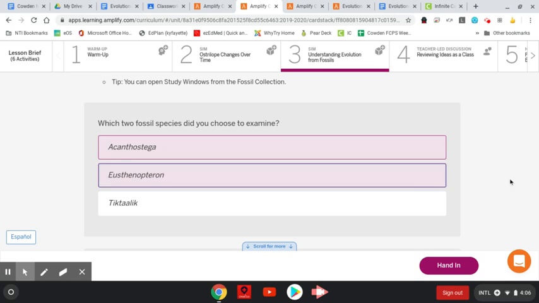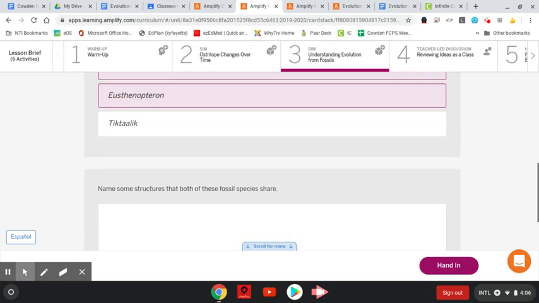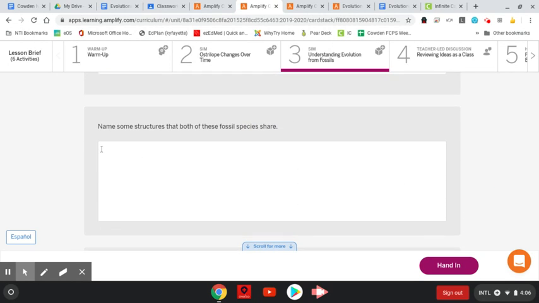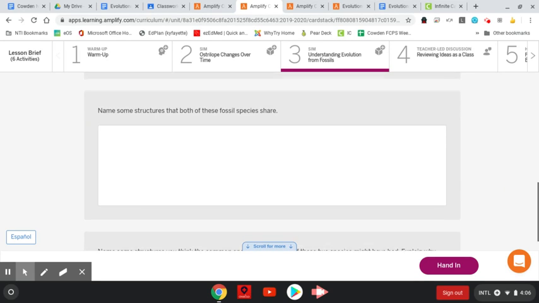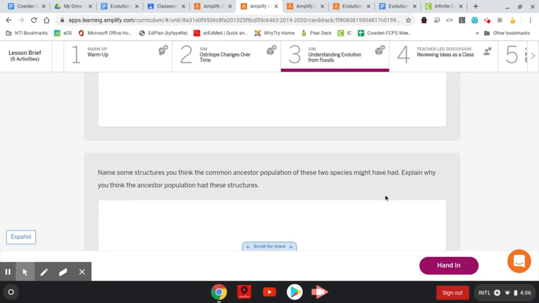So you just pick 2 animals to study, and you scroll down and you're going to compare those species, and you're going to look at their structures. Which ones do they both have? Then you're going to name some structures that they have in common. And you're going to want to explain what you think the common ancestor might have.